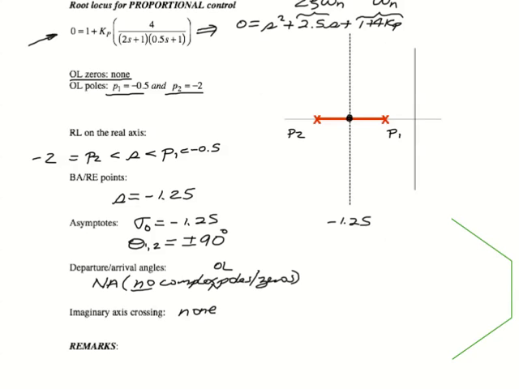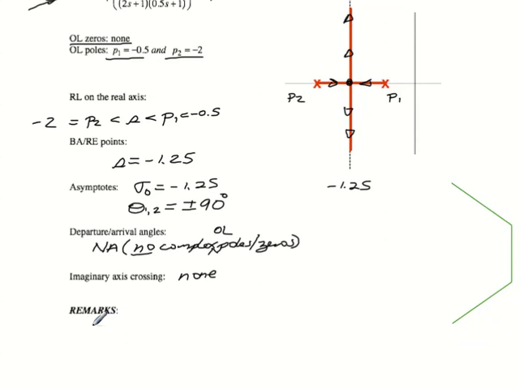So we put all this together. Again, our breakaway point and the location of our asymptotes is one and the same here at minus 1.25. So we see that our root locus goes to the right of P2. We knew that because it can't go to the left. It's got to go to the left of P1 because it can't go to the right. It breaks away here at s equal to minus 1.25, and so our root locus looks like this.